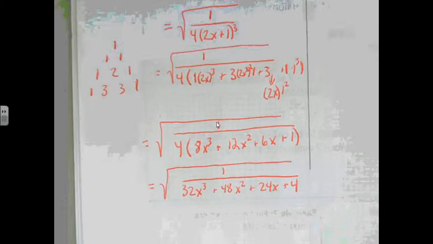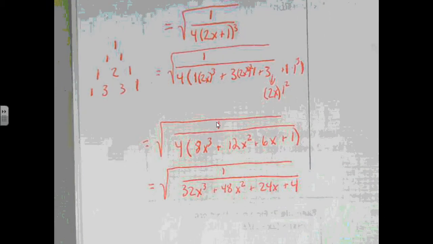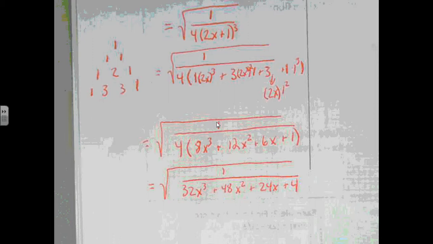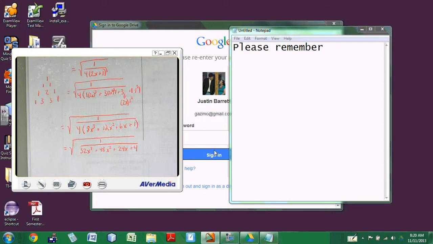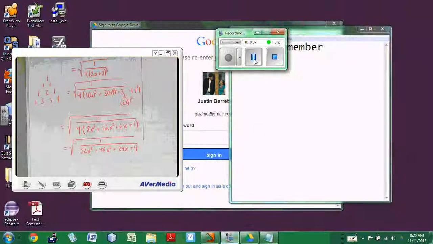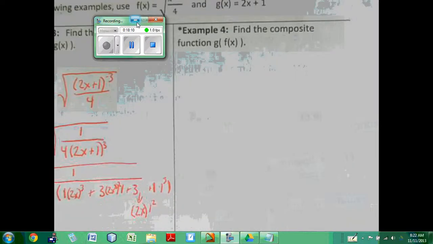Take a stab at number 4. No pressure though. Okay, so explain what you did. I put the g with the f and the x and the equals.